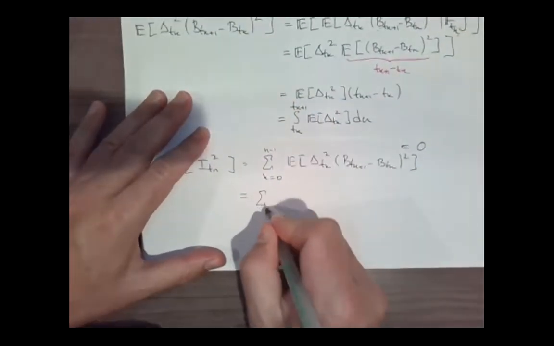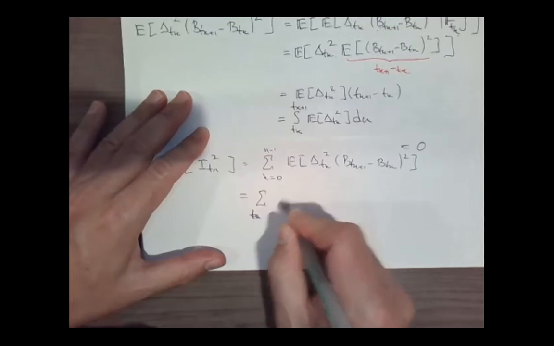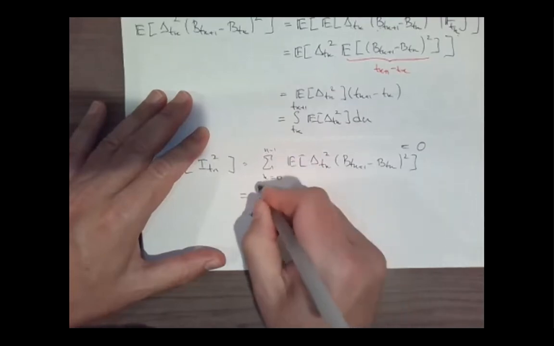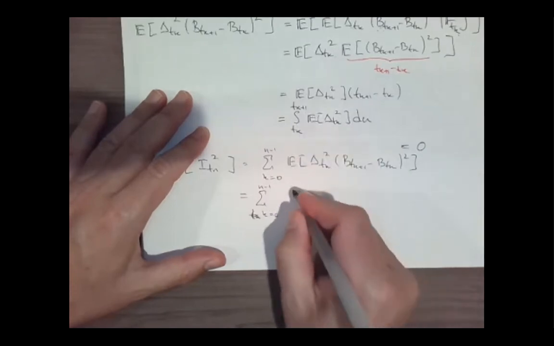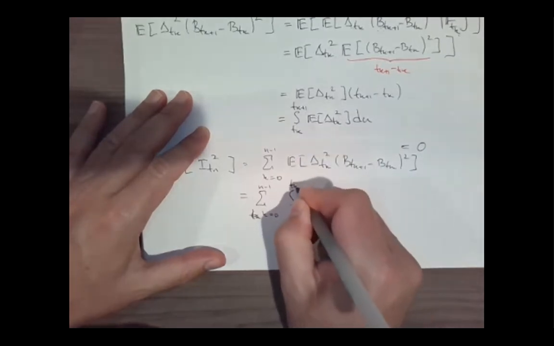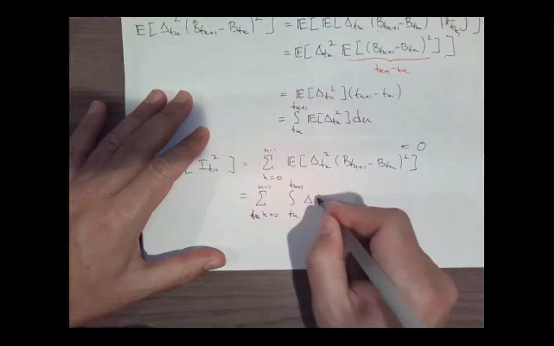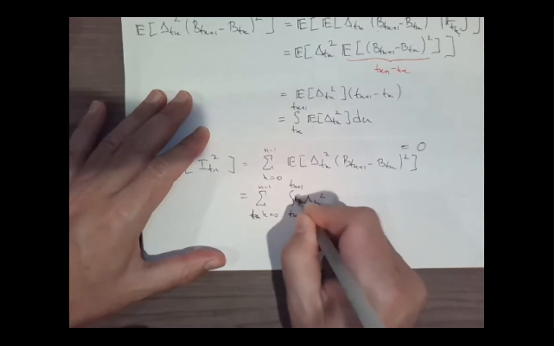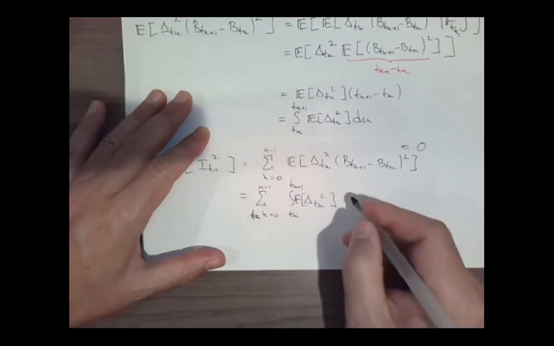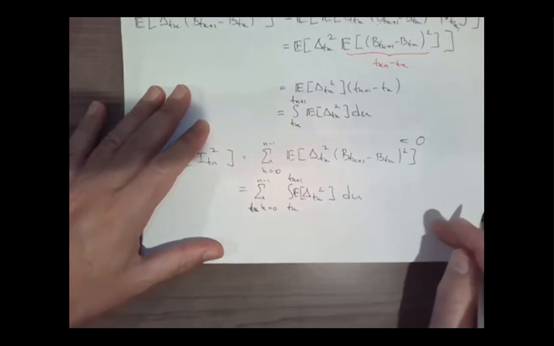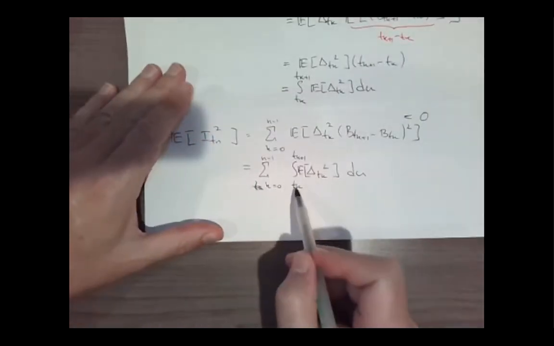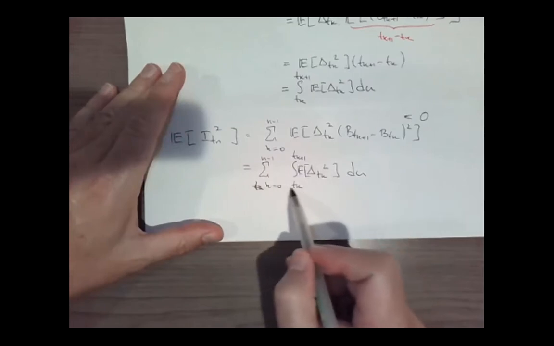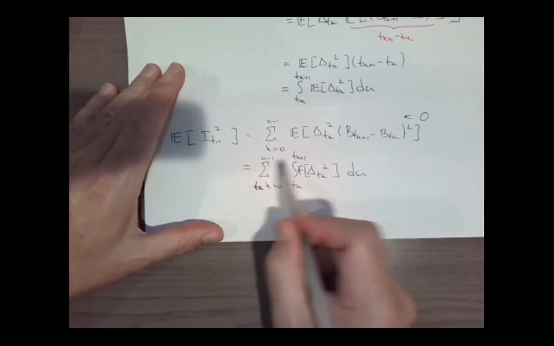So now I have the sum from k equal to 0 to n minus 1 of these integrals from t_k to t_{k+1} of the expectation of delta_{t_k} squared du. But of course now I'm varying k from 0 to n minus 1.